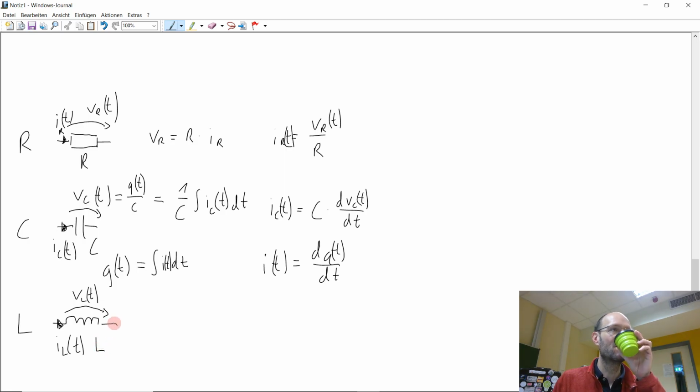Or what is the relation between them? Well, remember what we discussed, that C and L are kind of dual elements. And if we just change C by L and voltage by current, then we get the very same equations.